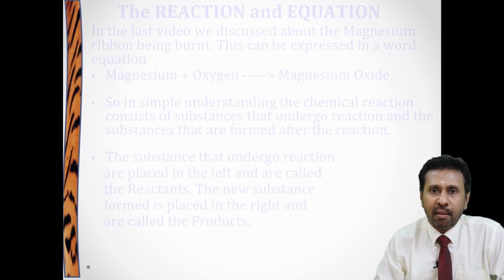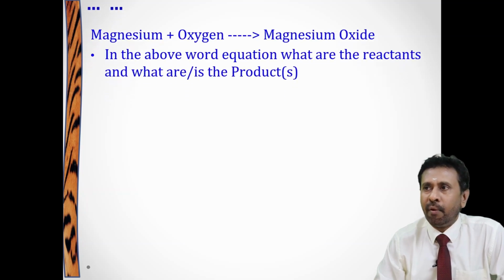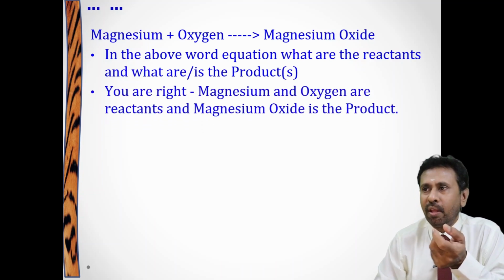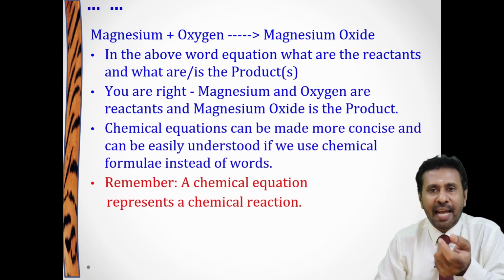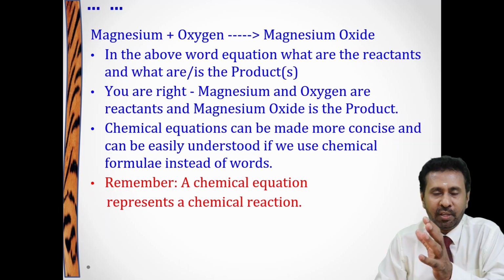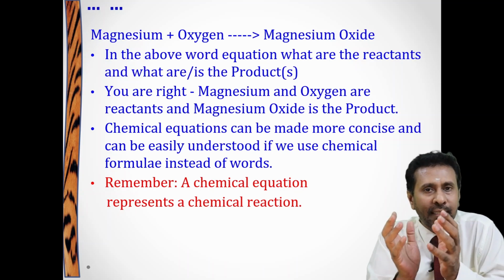Now this is what reactants and products are all about, but we need to express this equation in the form of symbols for the elements. Unless you express it in symbolic format, that is not the accepted way to express a reaction. A chemical equation represents a chemical reaction. So what is a chemical equation?